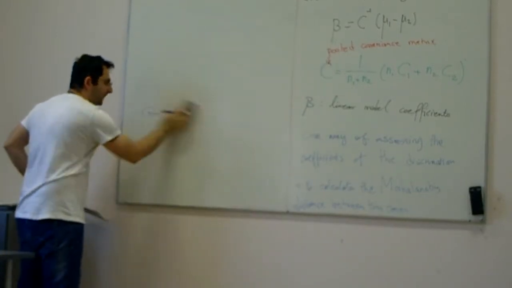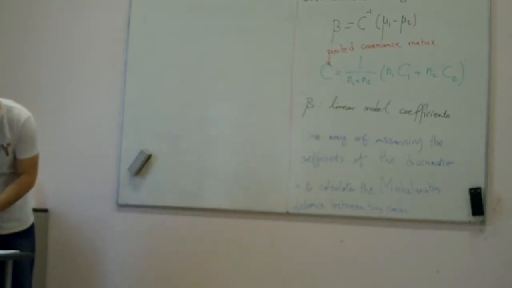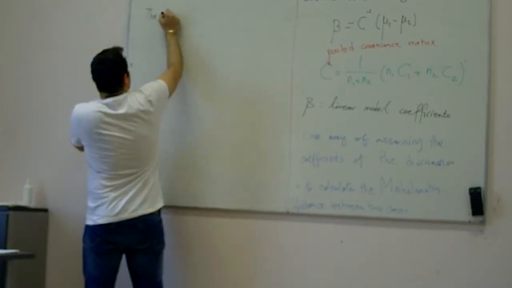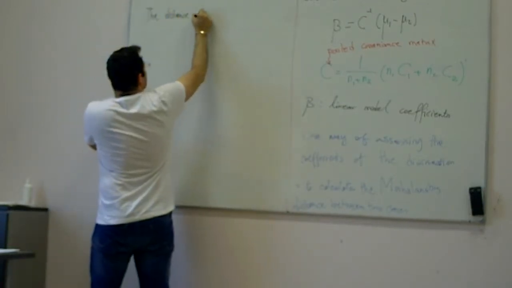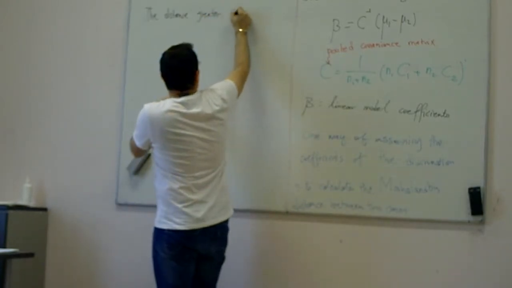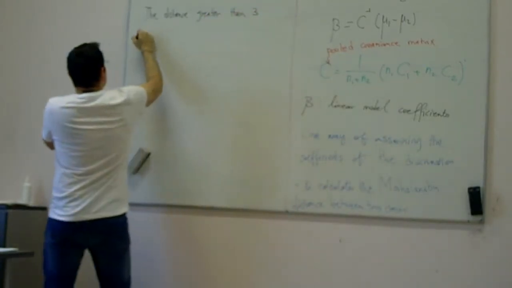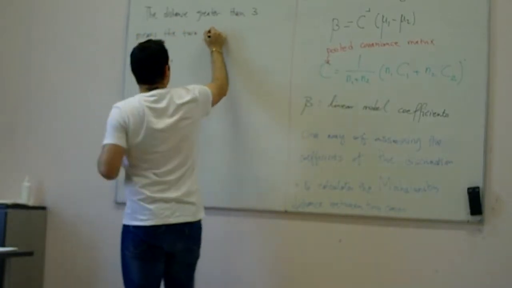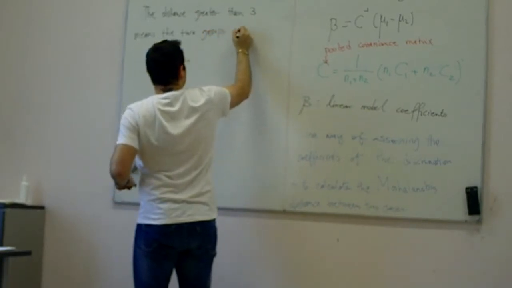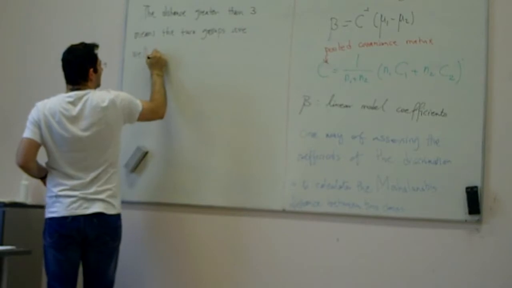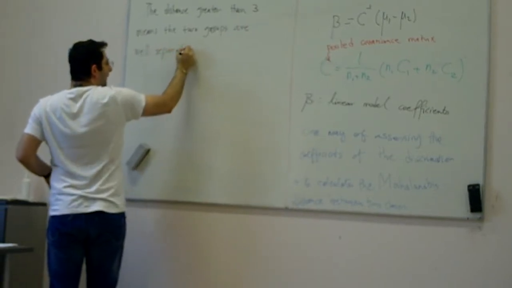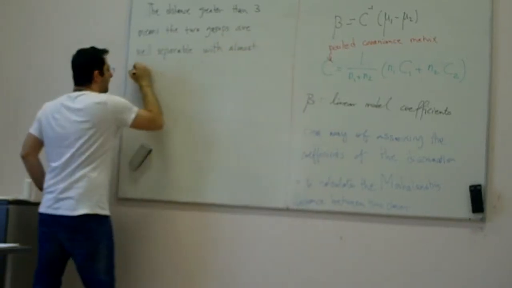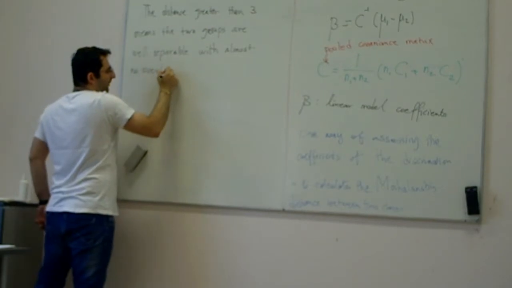And experimentally it has been shown that if we calculate this distance, a distance greater than 3 means the two groups are well separable with almost no overlap.